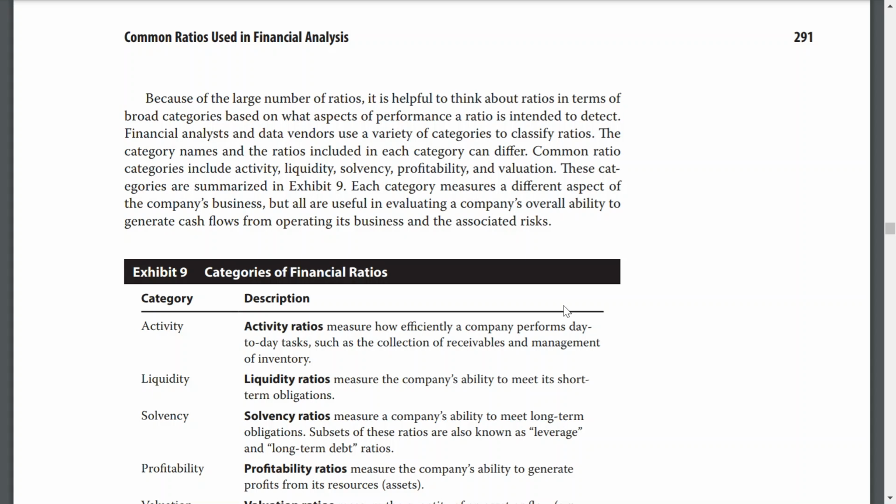The categories include activity, liquidity, solvency, profitability, and valuation. The categories are summarized in Exhibit 9. Each category measures a different aspect of the company's business, but all are useful in evaluating a company's overall ability to generate cash flow from operating the business and associated risks.